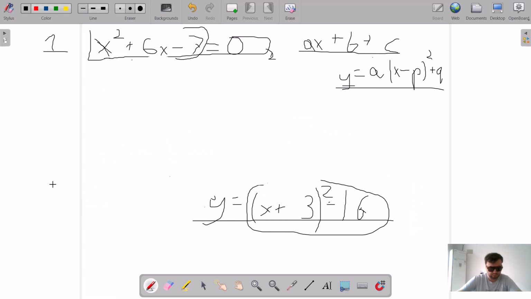So we do it a little bit differently, not straight away grouping this term and moving the linear term to the right side, but we start with writing y. So we can write y equals x squared plus 6x minus 7. This way we remove the 0.